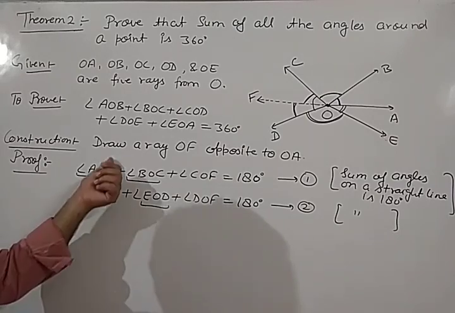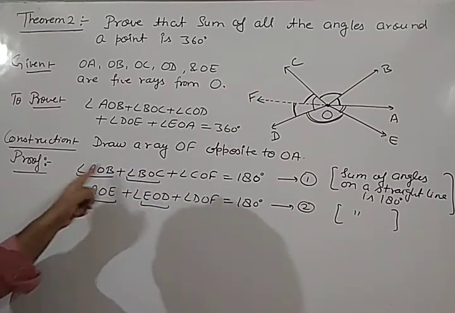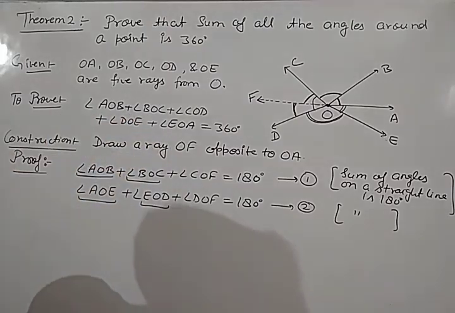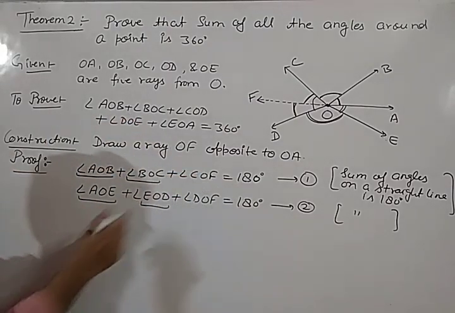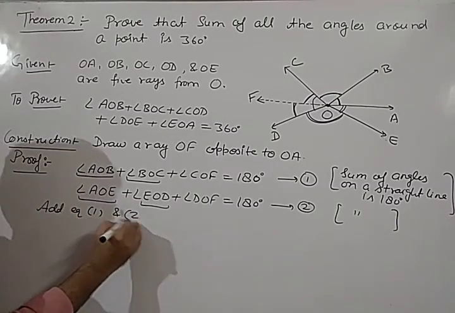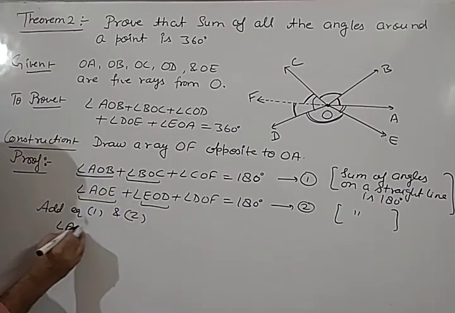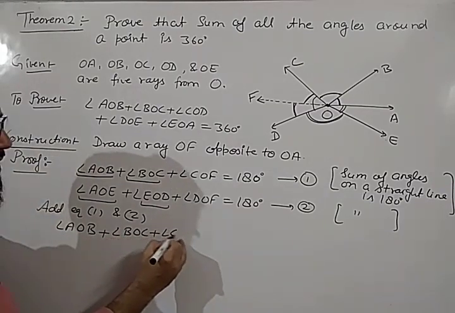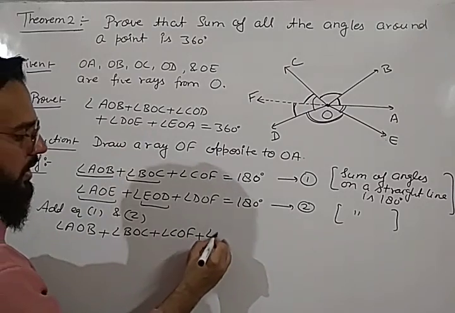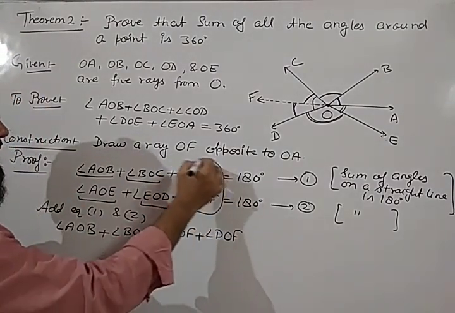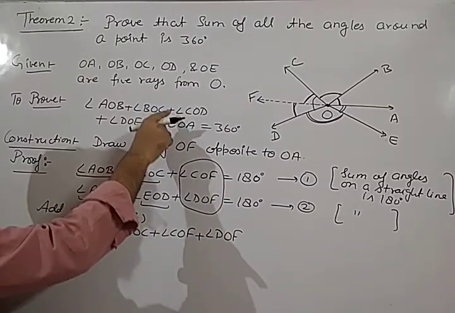So if we add these two equations, then we get these four angles in the addition, which we have to prove. So first we will add these two equations. Add equation 1 and 2. If we add equation 1 and 2, we will get angle AOB plus angle BOC plus angle COF plus angle DOF, because these are two different angles which we don't want to prove.